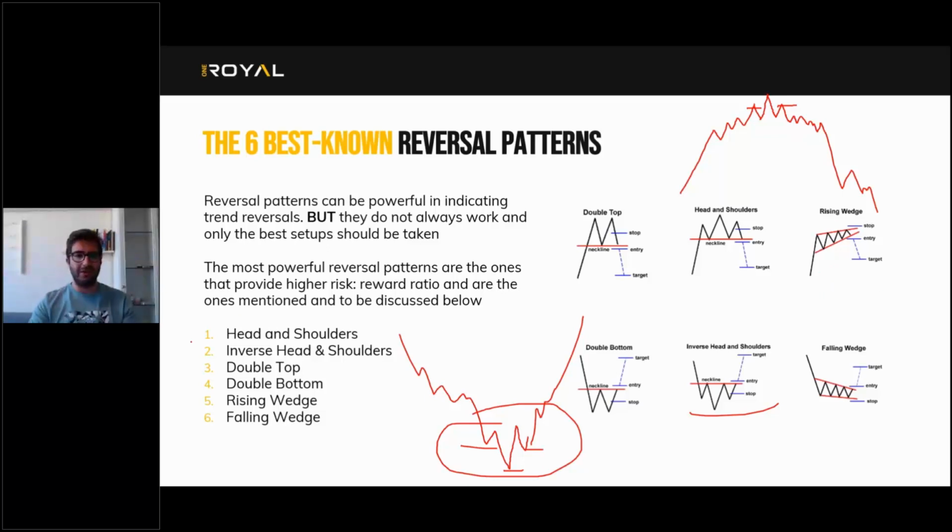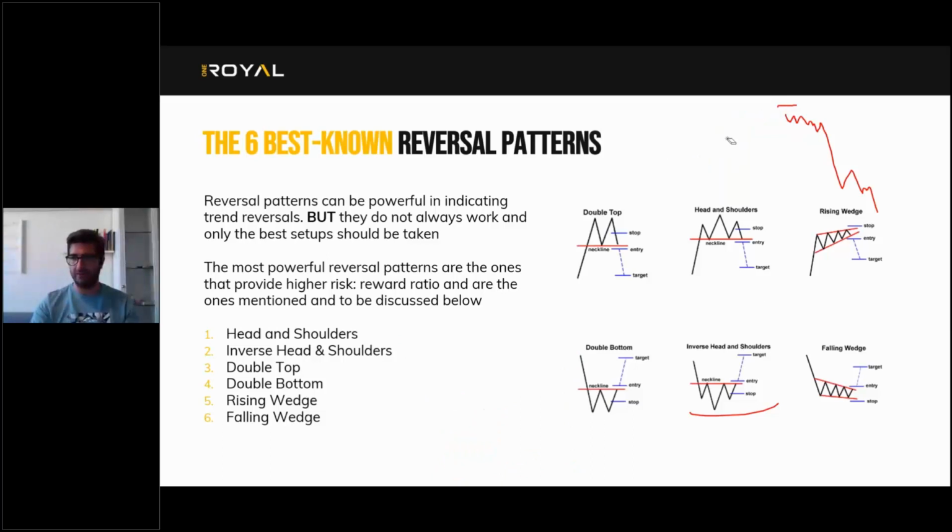Wedge, rising wedge. Why will this lead to a move to the downside in the case of a wedge? Because if you look at this pattern, you can see that the impulsive waves and the peaks are getting so close. This is an indication that the buyers are getting overwhelmed by sellers, because the market is not moving much to the upside.